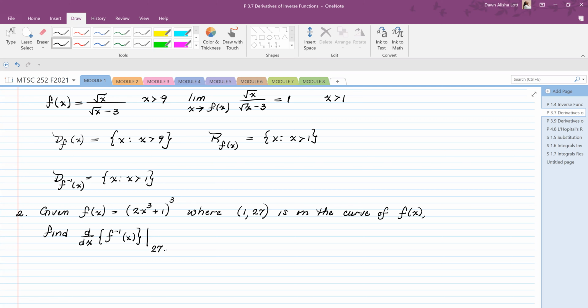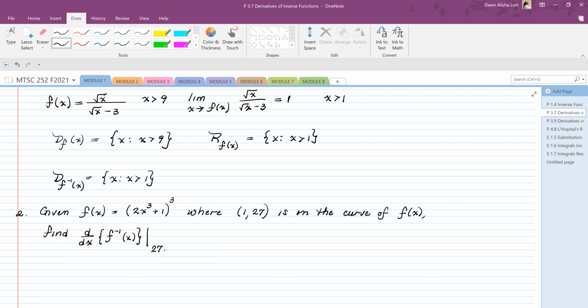Okay. Now I'm asking you to find the derivative of the inverse function. So the inverse function has the point (27, 1) on the curve. All right, what is the slope at that point on the inverse function? So what is the slope of the inverse function at the point (27, 1)?